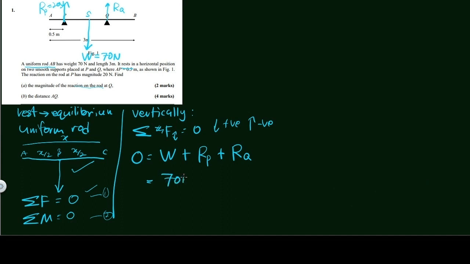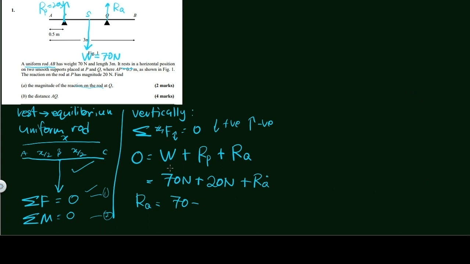So 70 Newton plus RP. What is the value of RP? It is 20 Newton. And then we have plus RQ. Oh, sorry, I have a small mistake here.